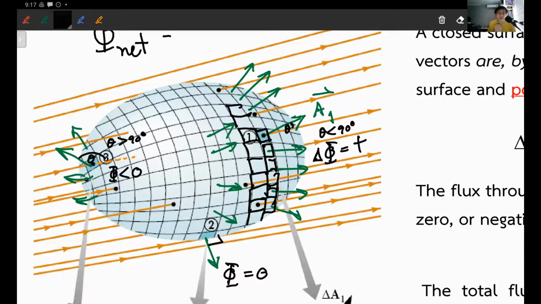So you see that there is a water flow from left to right. The outward flux is trying to say how much water is flowing out from the volume in your balloon. On the left, it's trying to say how much water is flowing into the volume inside your balloon.